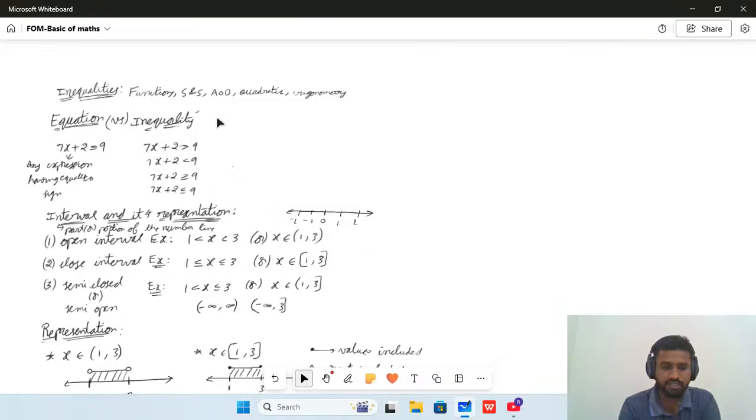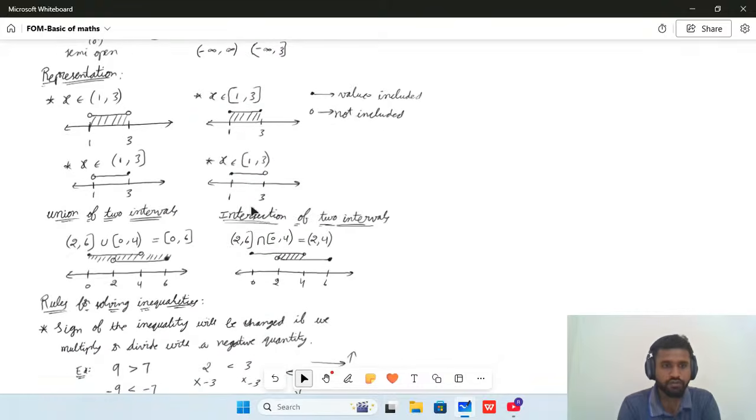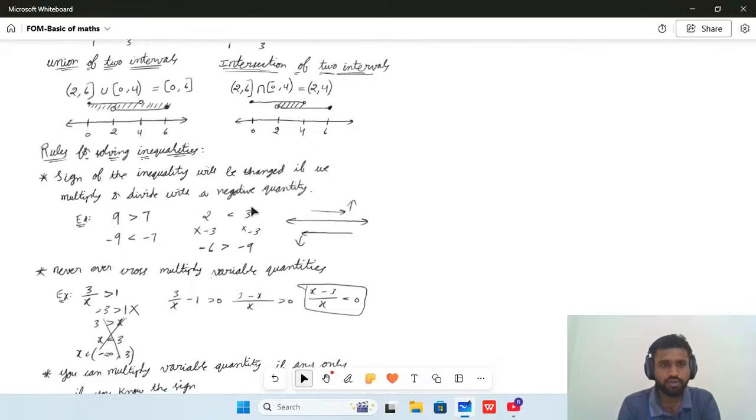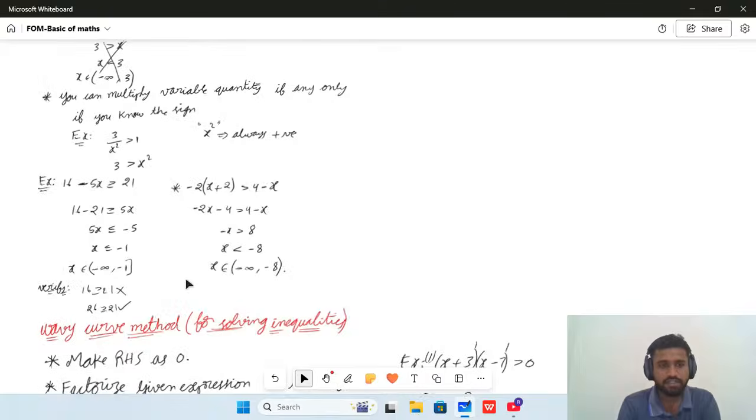Basically, any expression which is having an equals to sign is called equation, and any expression which is having an inequality sign is called an inequation. Here we started our session one, and after that interval and its representation, union of two intervals, intersection of two intervals, rules for solving inequalities. These are all we have seen in the first session.